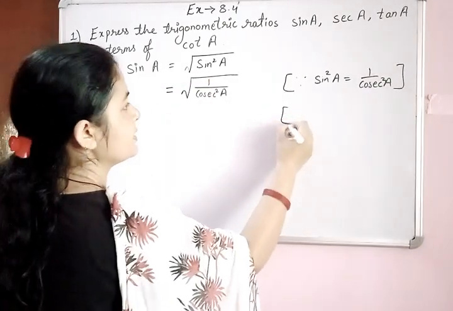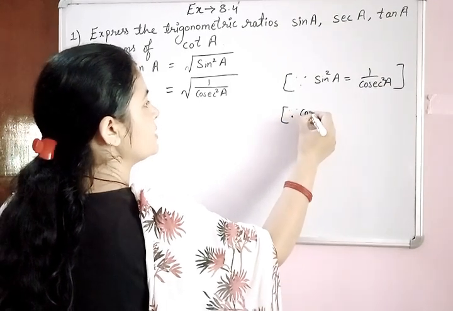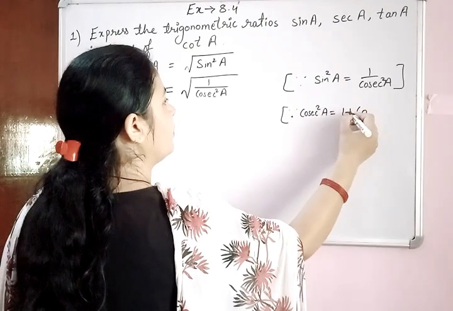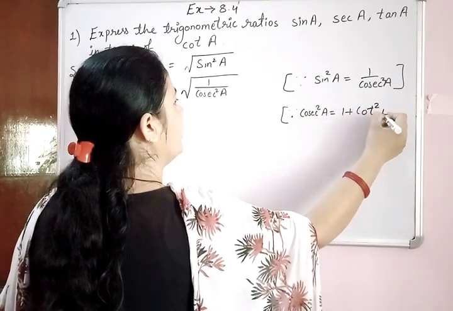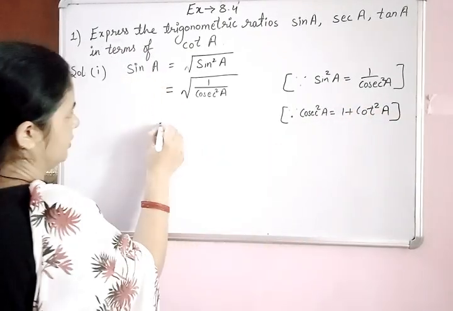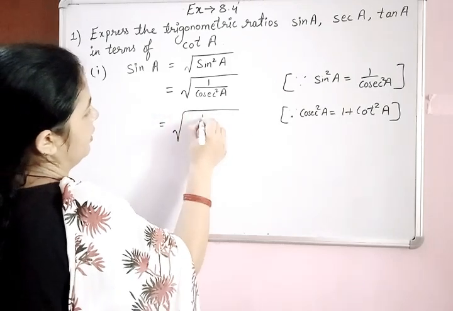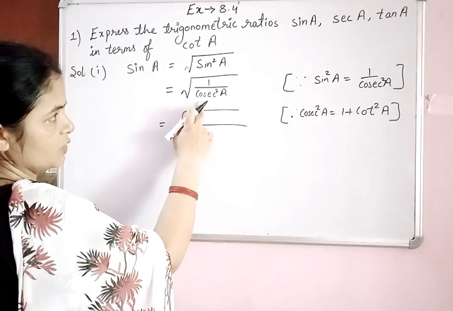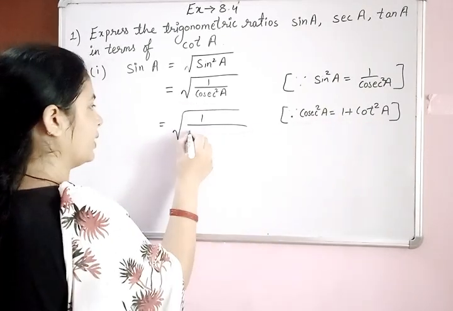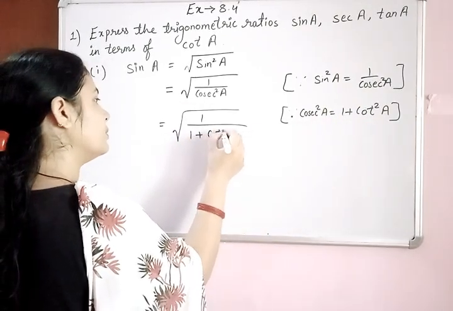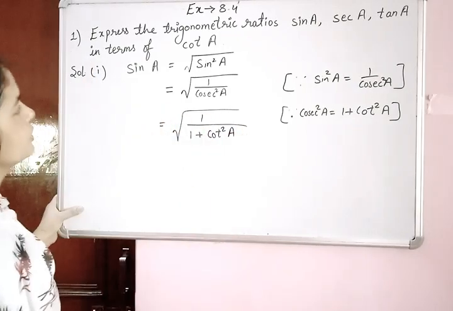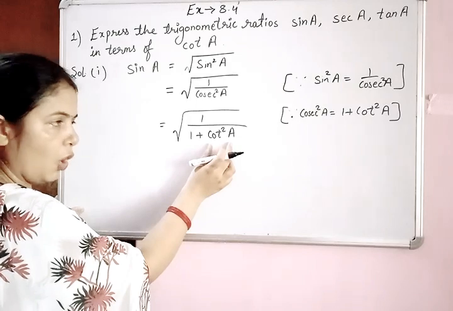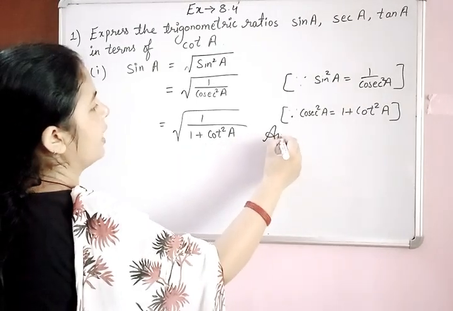Now, since cosec square A is equal to 1 plus cot square A, here we can write under root of 1 upon, in place of cosec square A, 1 plus cot square A. So, here I have expressed sin A in terms of cot A. So, this is our answer.